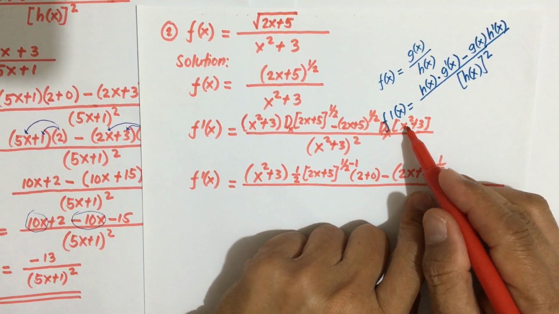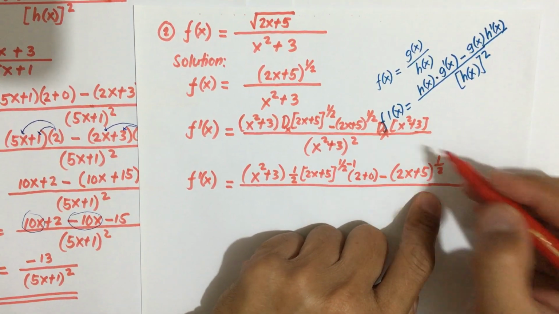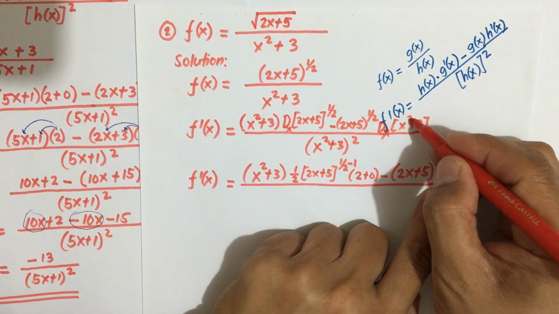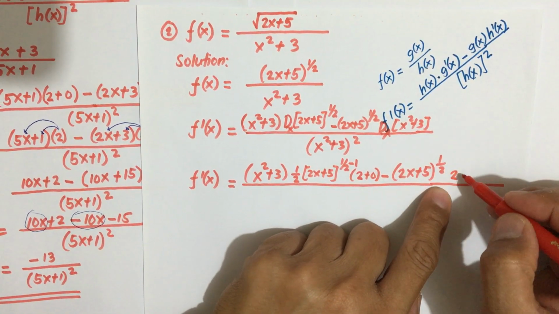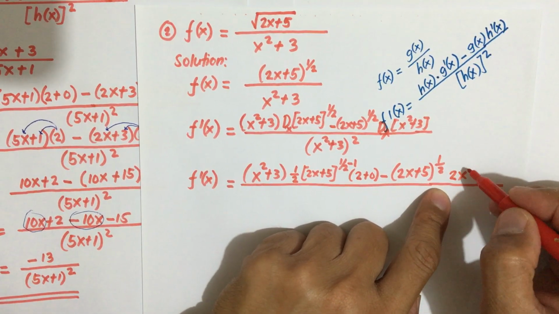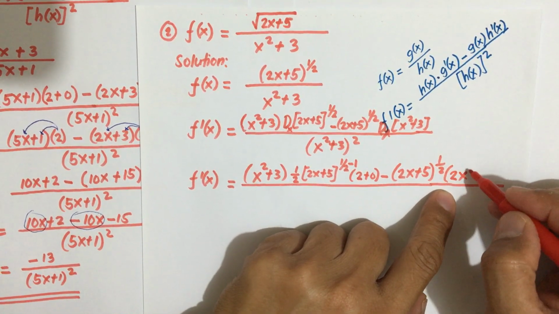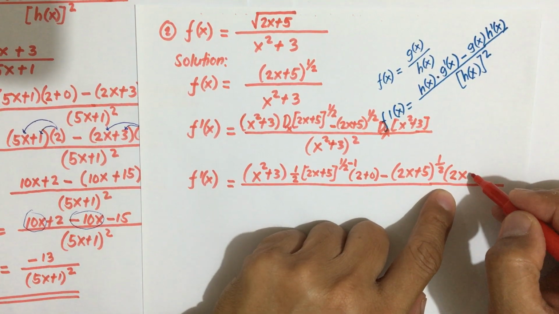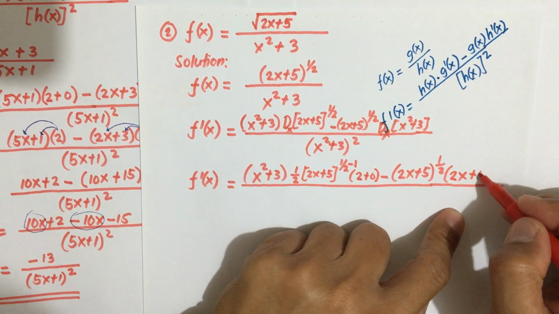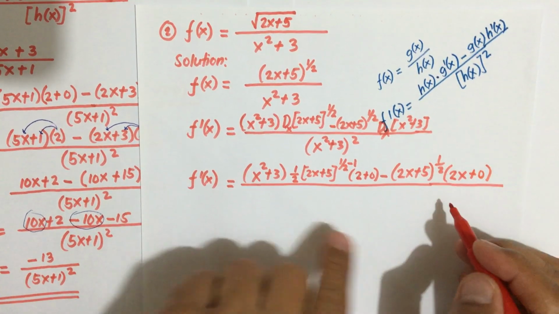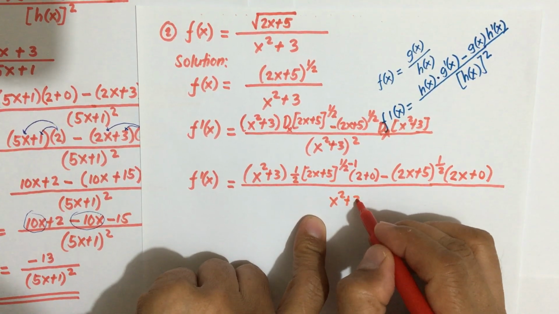So you have the power rule here, and then a constant rule. So derivative of the first term is just applying the power rule, so that 2 will go down, right? Then times x raised to a power 2 minus 1. 2 minus 1 is 1. So 2x to the power 1, so no need to write 1. And plus derivative of 3. 3 is a constant, so that is equal to 0. Then divided by x squared plus 3.